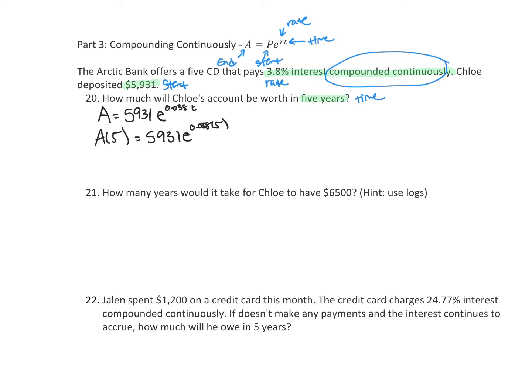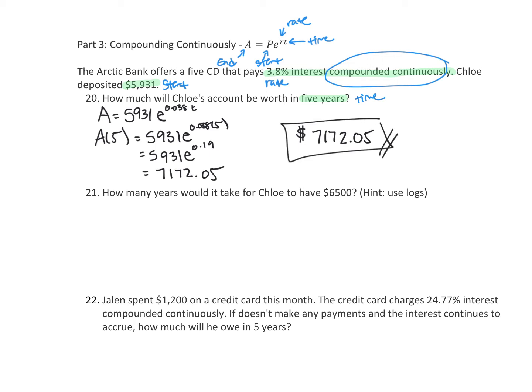Once I simplify my exponent, multiplying my rate by my time, I get 5,931 times E to the power of 0.19. I'll plug this into my calculator all at once, and we get a nice value of $7,172.05.